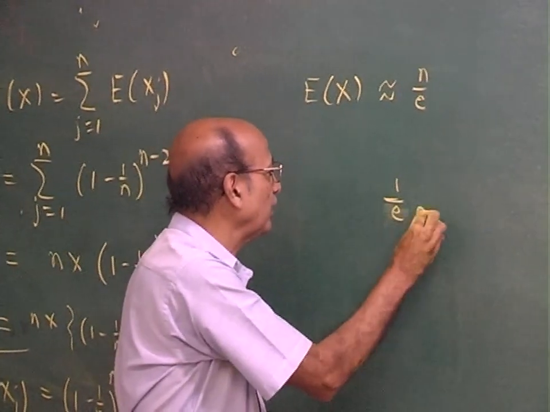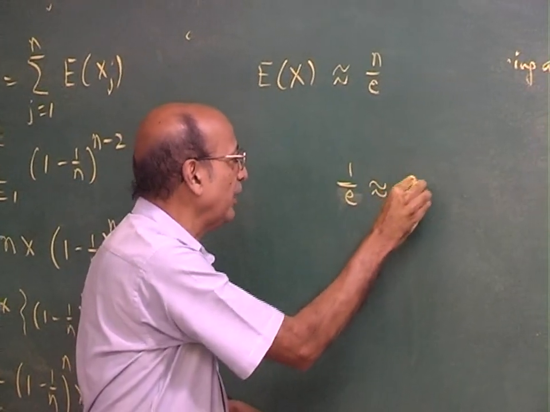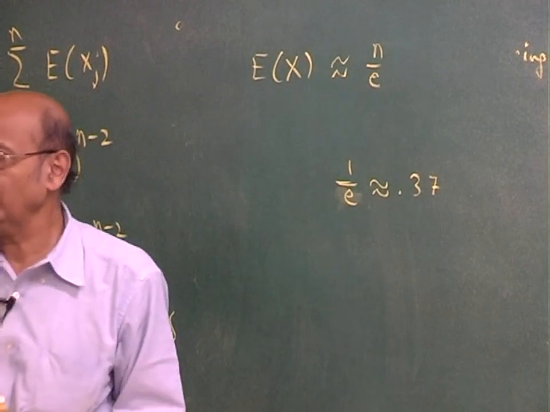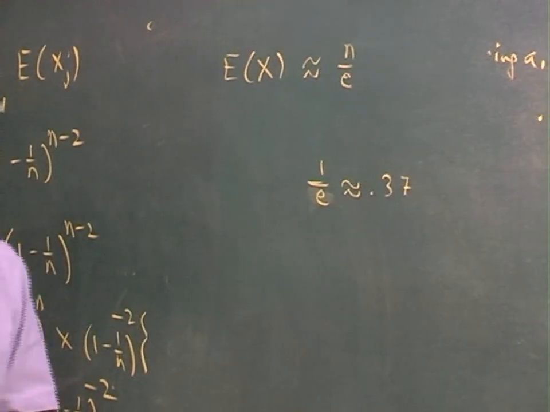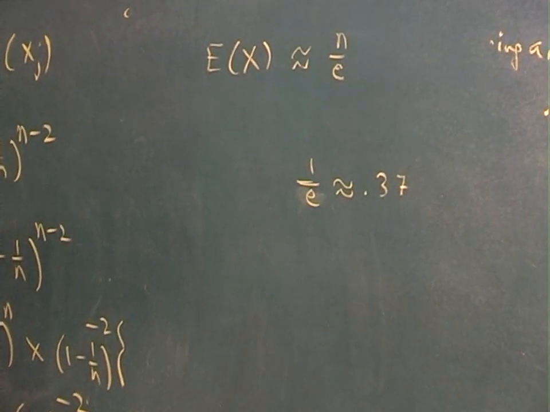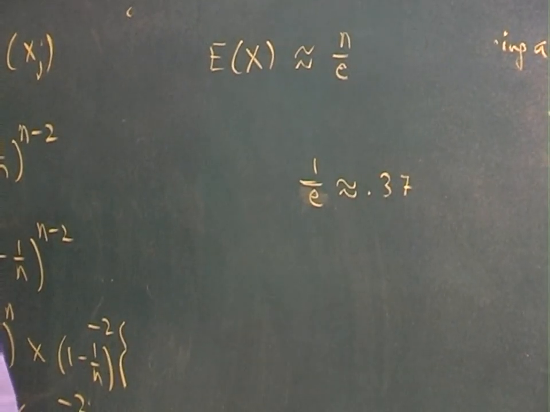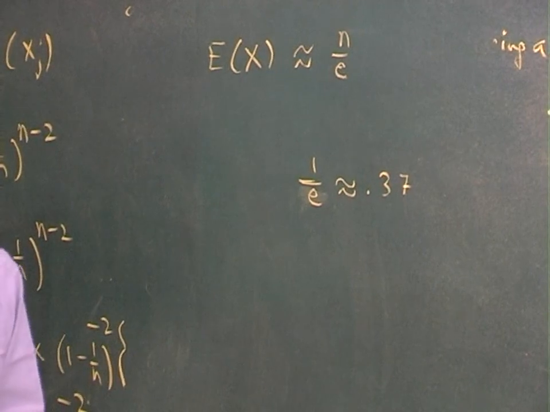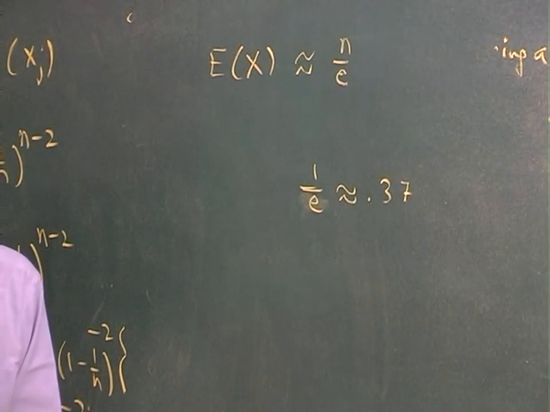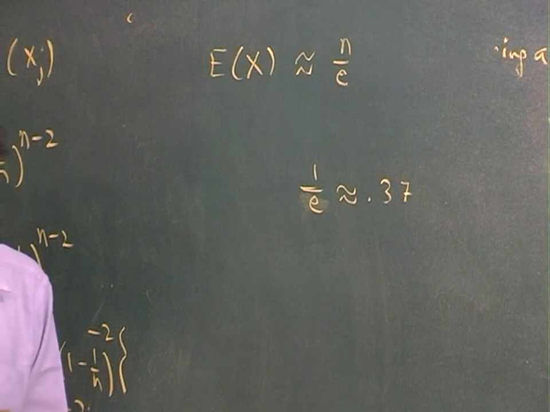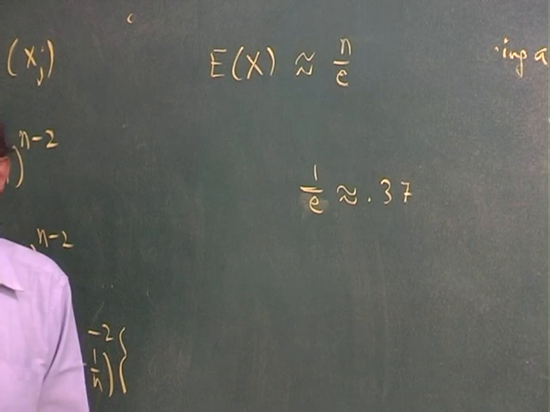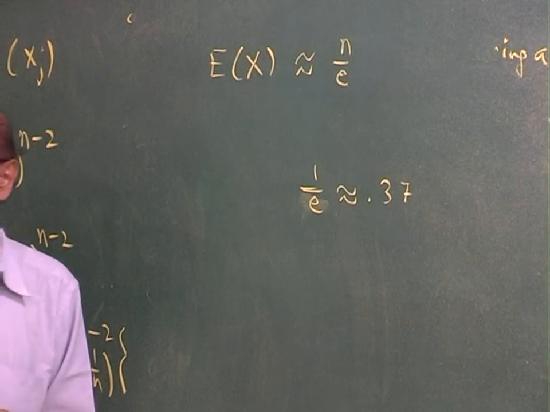This is approximately 0.37. Okay? 1 upon e is roughly of that order, 0.37. What that means is, if I take a random tree on 100 vertices, then about 37 vertices will be leaves, which is actually quite a large number.